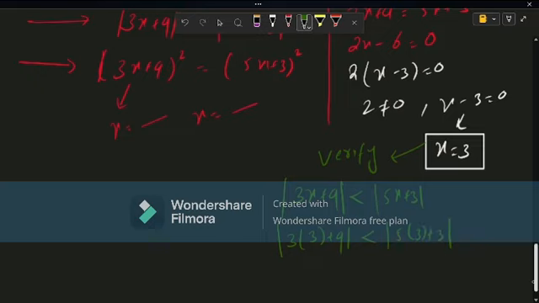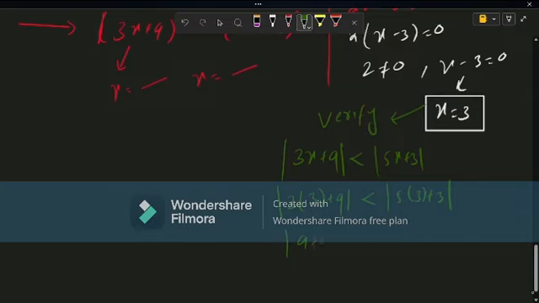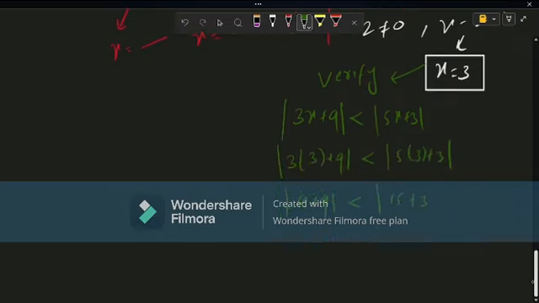That gives you mod of 9 plus 9 is less than mod of 15 plus 3. 5 times 3 is 15, plus 3 as it is. 9 plus 9 is 18 is less than 18. It means that 18 is not less than 18, actually 18 is equal to 18, right? It means that x is equal to 3 is not satisfying the inequality. This choice is not possible. That is going to dissatisfy my condition.